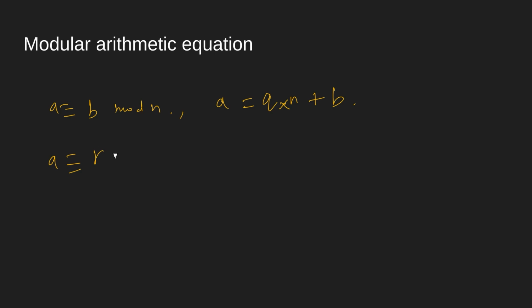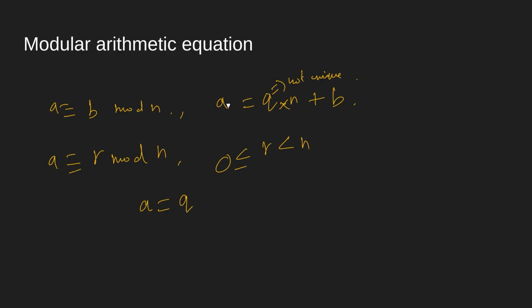A is congruent to R mod n, and we have to restrict this R to be strictly less than n and to be greater than or equal to 0. If we do this restriction, then we will be able to find a unique q. Here, q is not unique, in the sense that A and B could be any number.